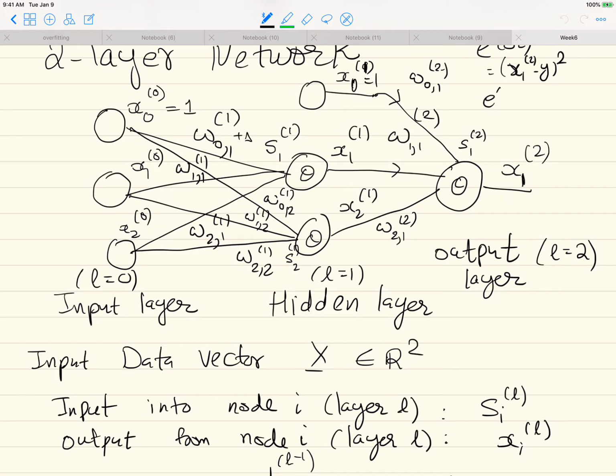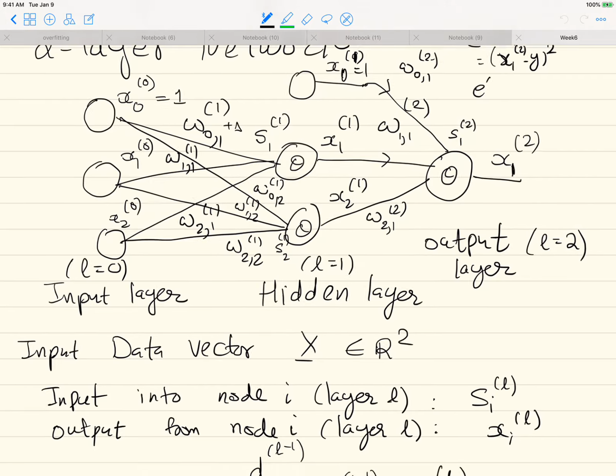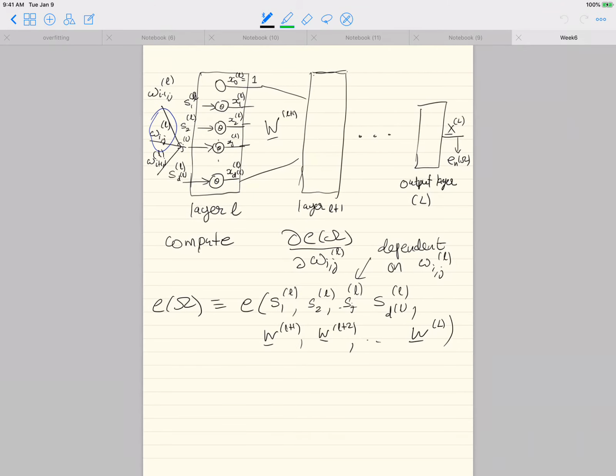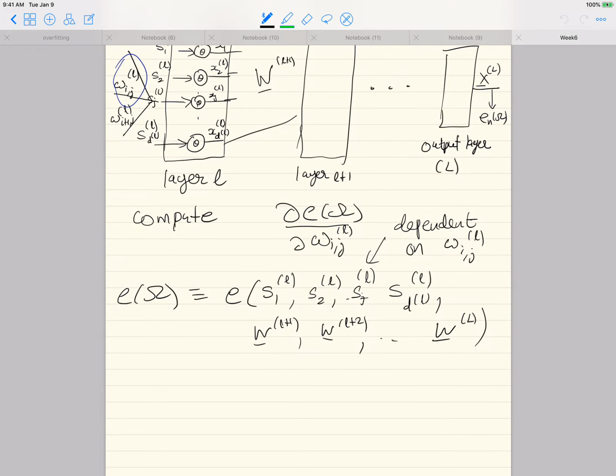We have to take partial derivatives with respect to all these weights. But when I had to compute the derivative with respect to these weights, I don't change these. These are all fixed weights here. So none of the downstream weights change. So none of these weights depend on Wij of L as well. So in this whole expression, there is only one term, Sj of L, that gets directly affected by Wij of L.